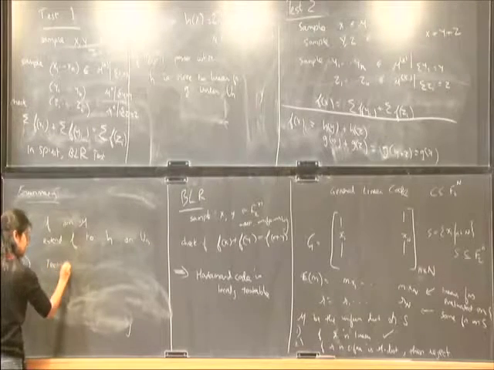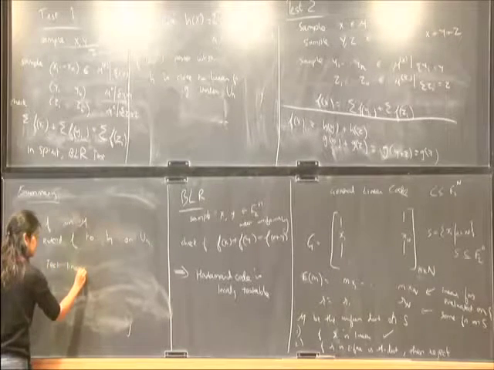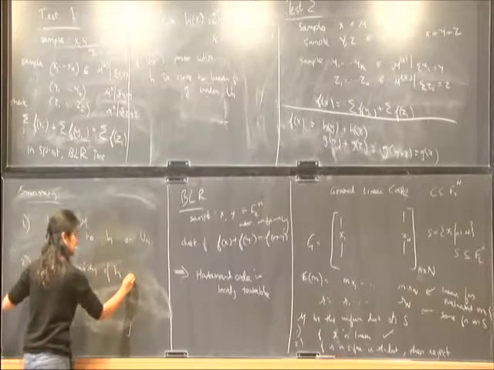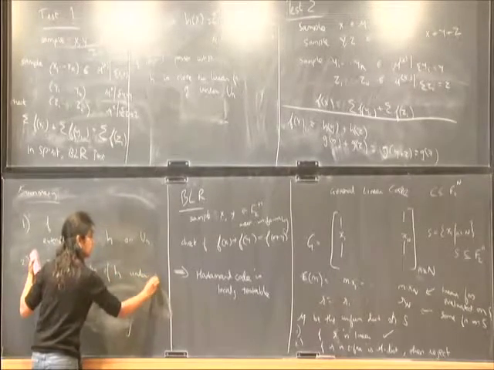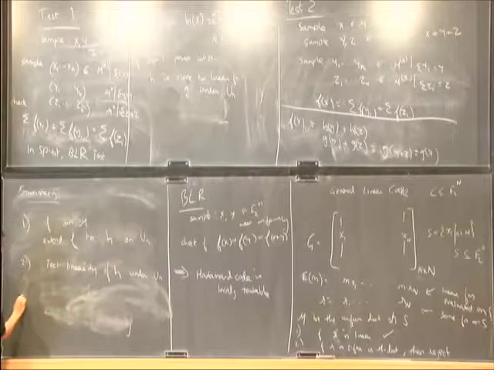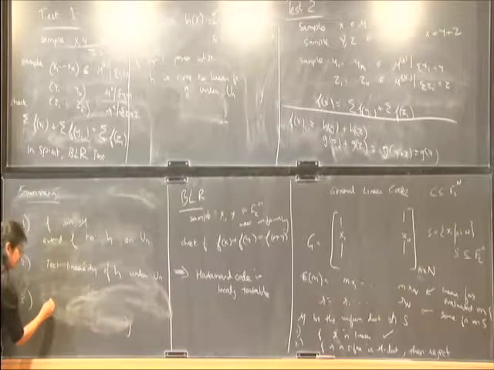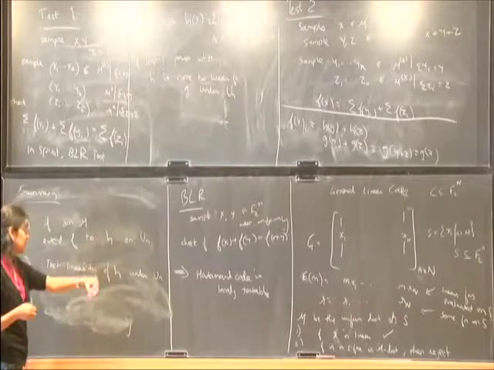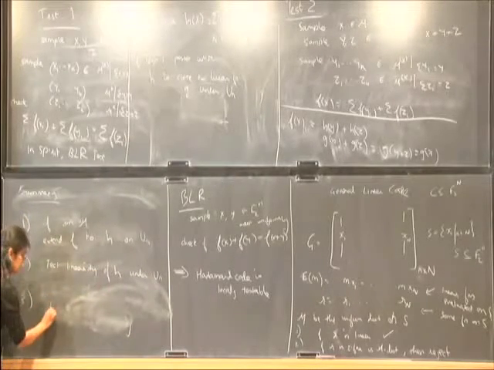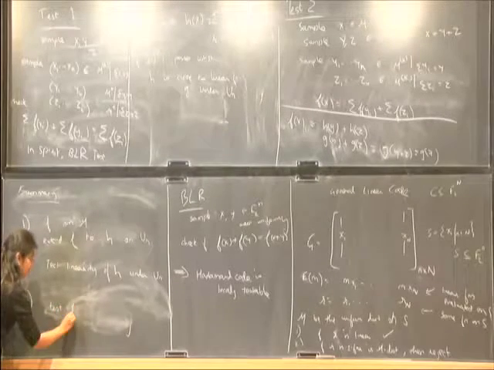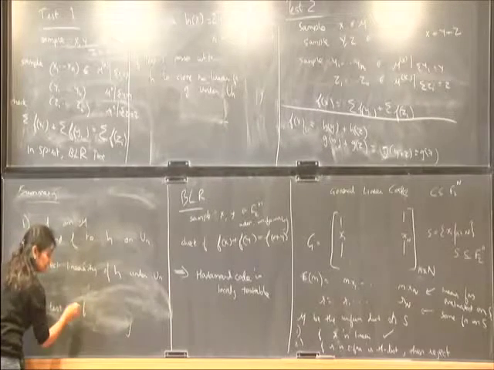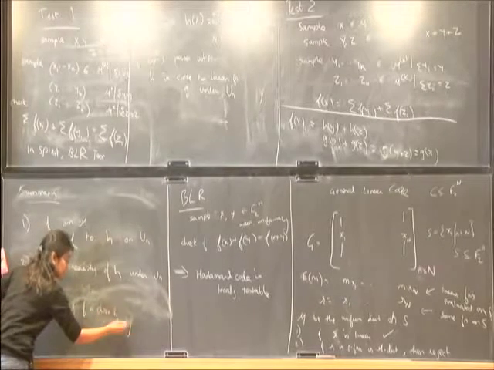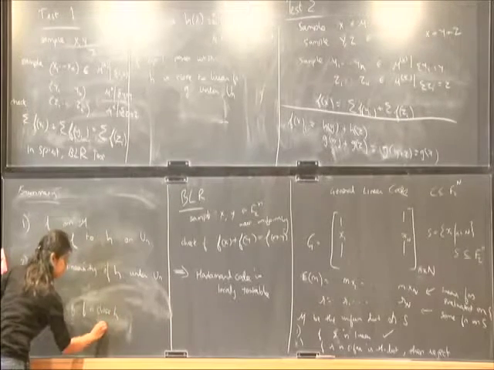Then test linearity of h under the uniform distribution. And if h was linear under the uniform distribution, then you want to also test that f is close to h itself under the mu distribution.